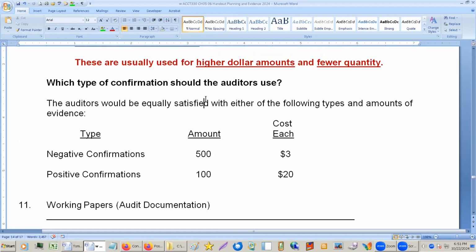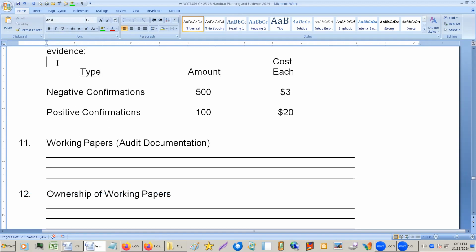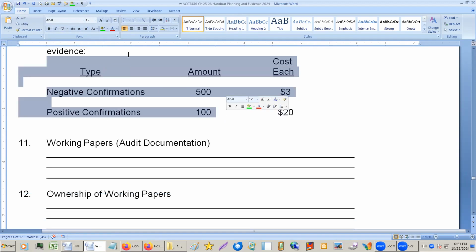And down here, the auditor would be equally satisfied with either of the following types and amounts of evidence.